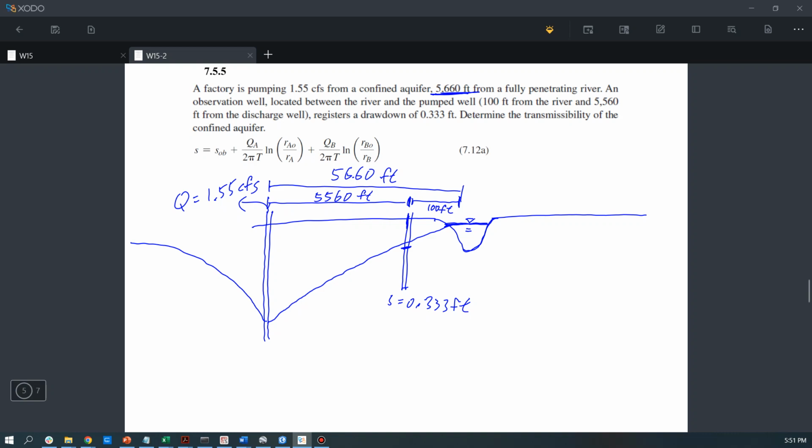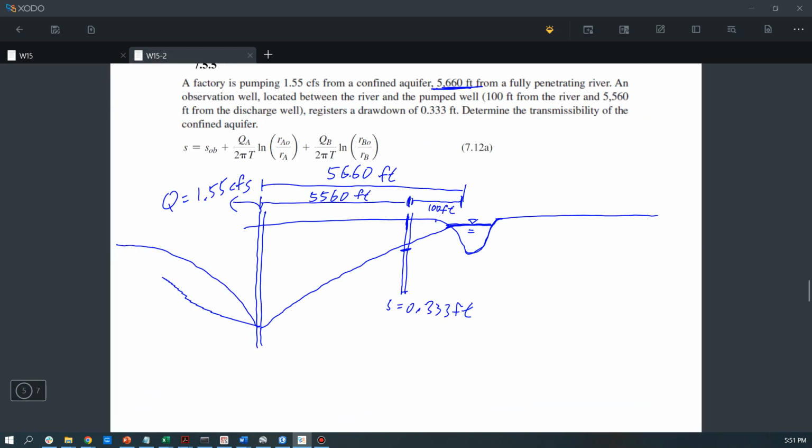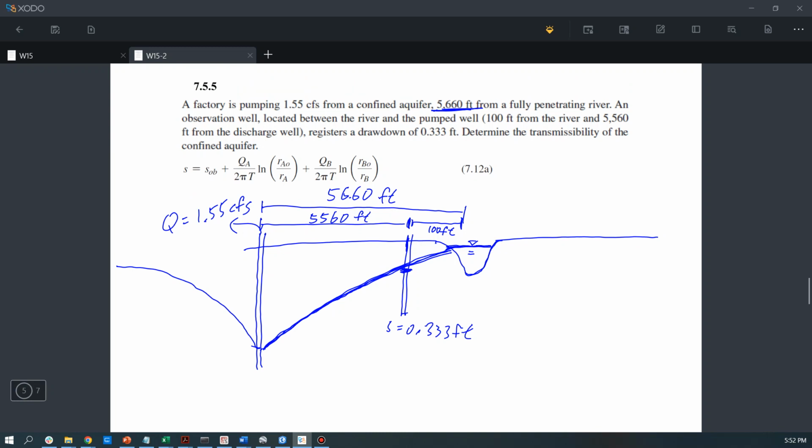So that means the drawdown curve is steeper at the right-hand side in my plot. And here is what we observe. And to calculate this, we will need to use the image well. That is 5,660 feet on the other side of the river boundary.